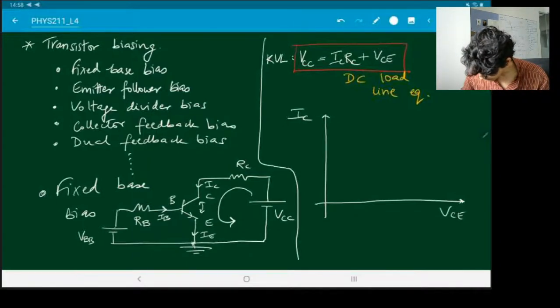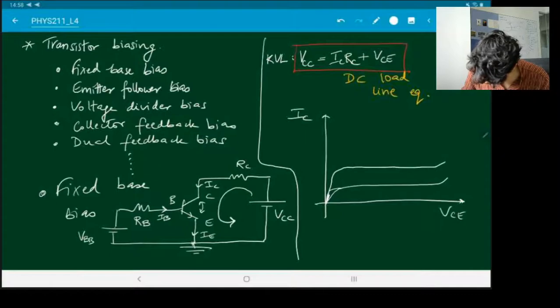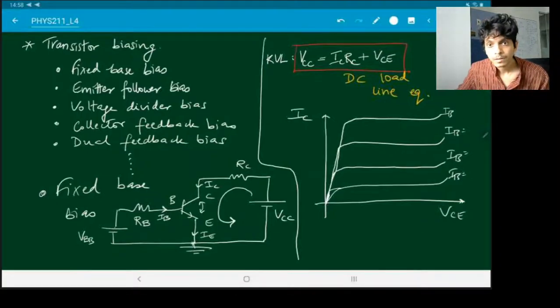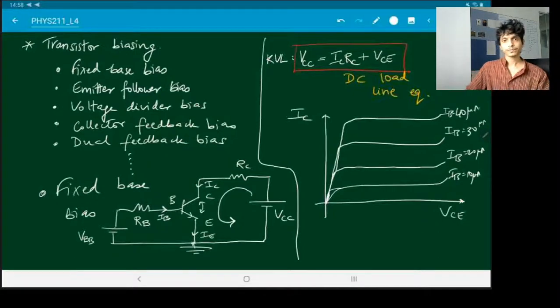And we had various curves like this, corresponding to different values of IB: 10 microamps, 20 microamps, 30 microamps, 40 microamps, and so on.